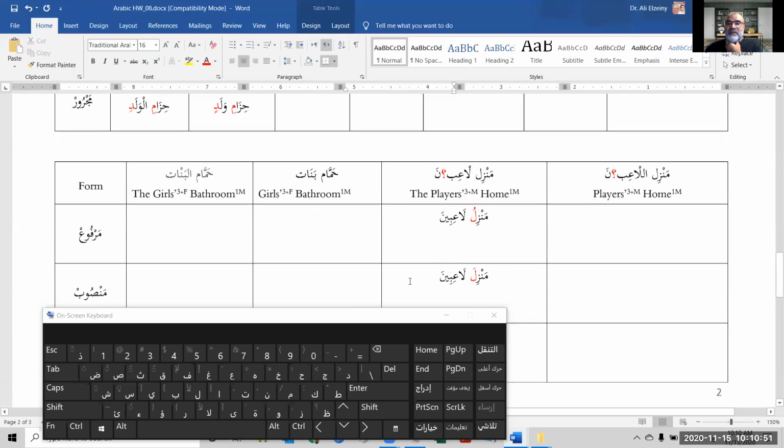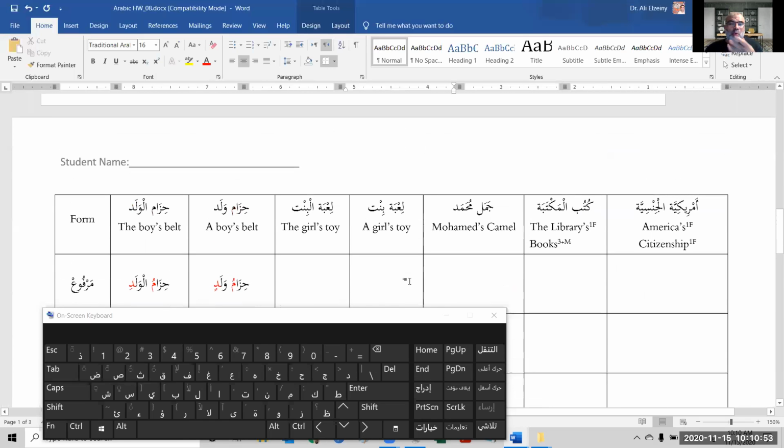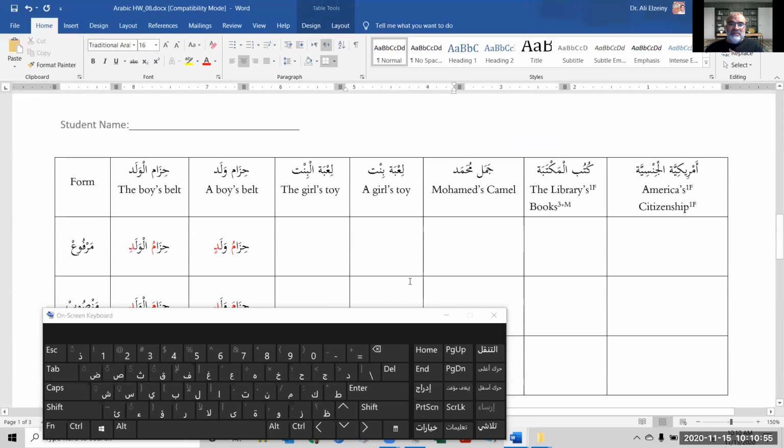Okay, let's pick. This is just a warm-up homework for the subject. Let's pick Americans' citizenship, or citizenship of America.